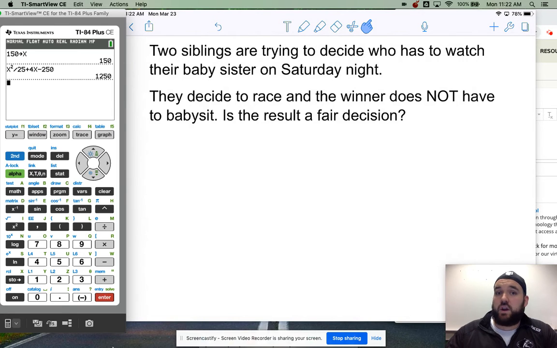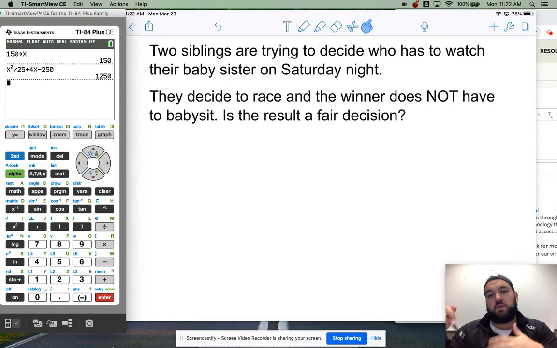Now, this we could actually have a discussion about. I would argue yes, because if both siblings agree to it, then they're accepting the outcome. Now, really the only way that it's truly fair is if both siblings have the exact same speed. And in all likelihood, there's an older sibling and a younger sibling, and one of them is faster than the other one, so that one's going to have a higher probability of winning.